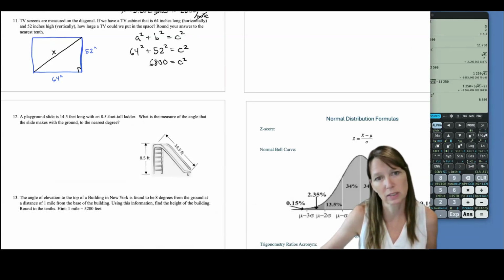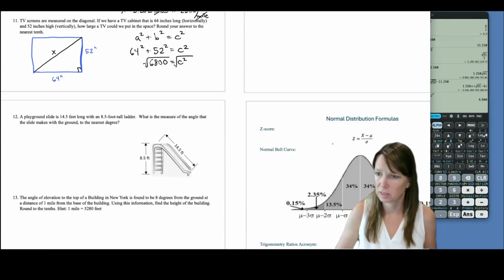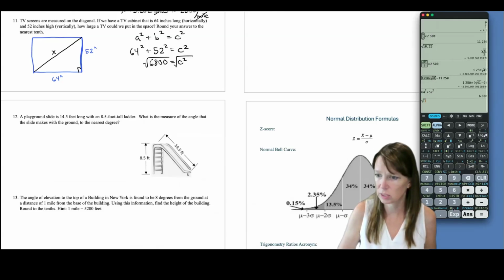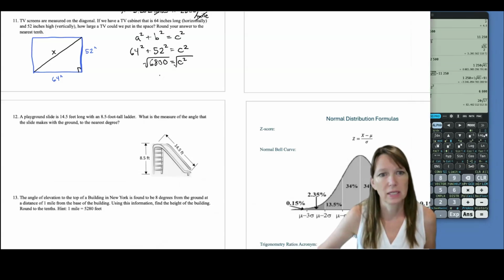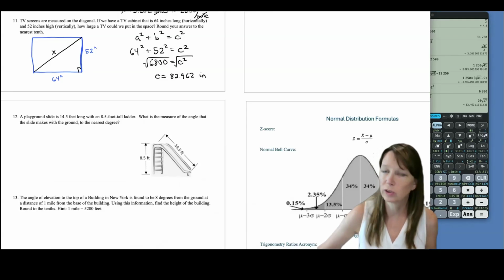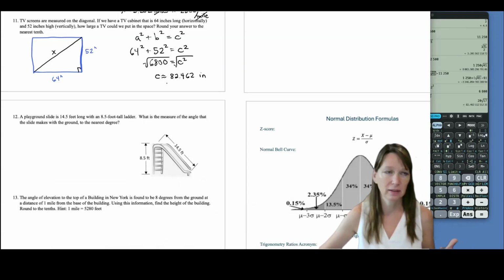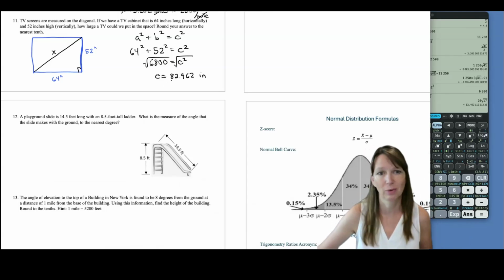And then we're going to take the square root of each side. So let's take the square root of my answer. And I get c, or x, is approximately 82.462 inches. Now, in the real world, you can't buy a TV that says it's 82.4 or whatever.